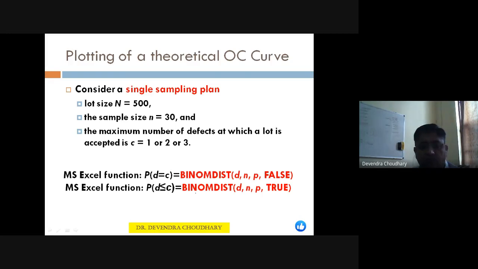Whereas with this function BINOM.DIST, the only difference is that if we put false, it gives the probability of having exactly D defectives. Whereas when we use true here, it gives the probability of having at most D defectives. So it will be the sum of 0, 1, 2, 3 up to D defectives.